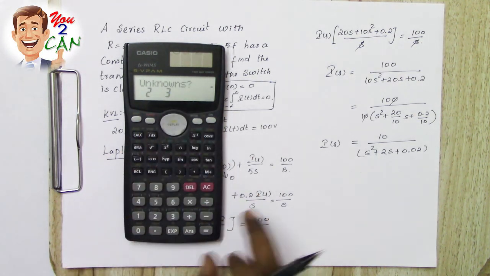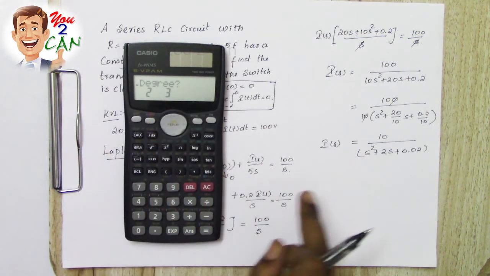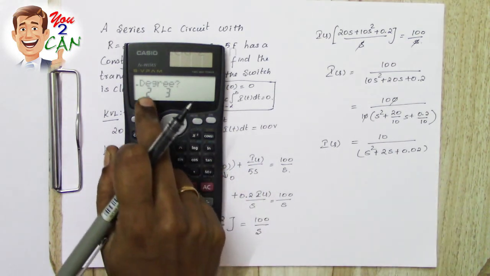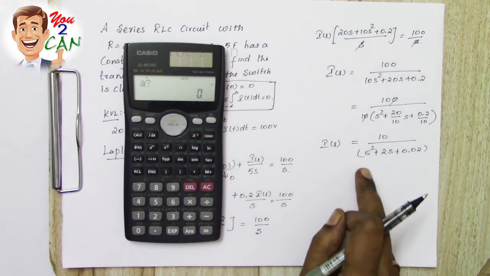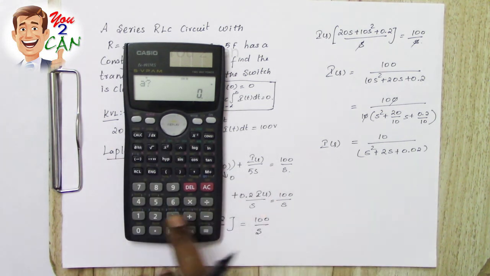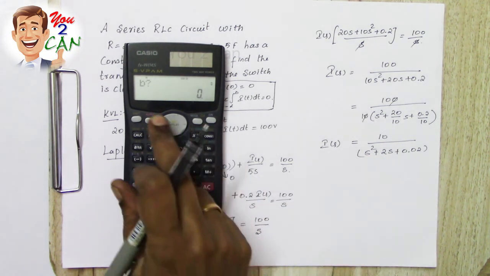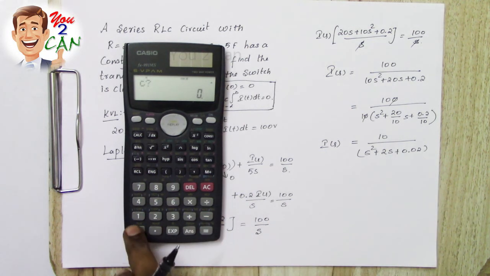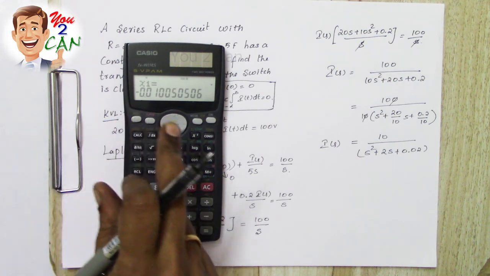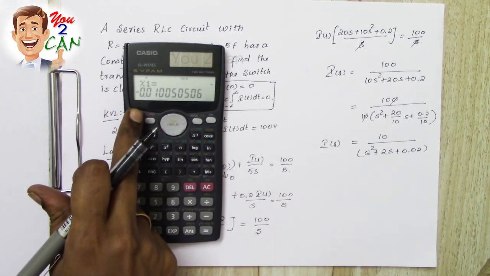Here you press the button to choose the degree, and the degree of this equation is 2, so press 2. The value of a, the coefficient of s squared, is 1, then b, the coefficient of s, is 2, and the constant is 0.02. So we get the roots of the equation.